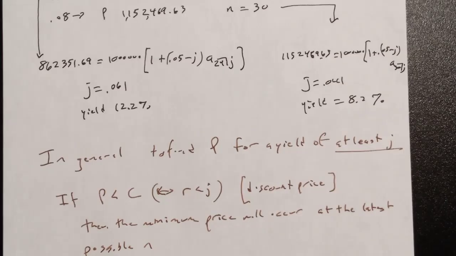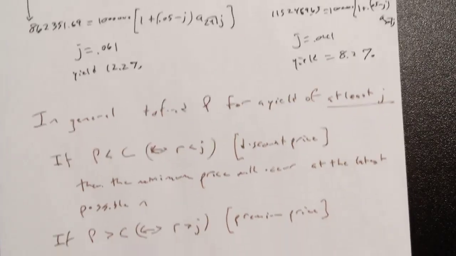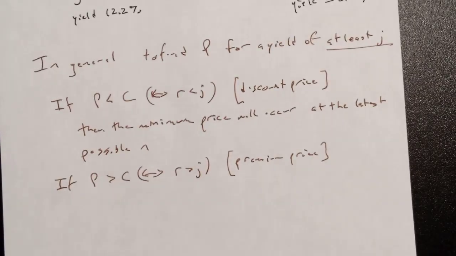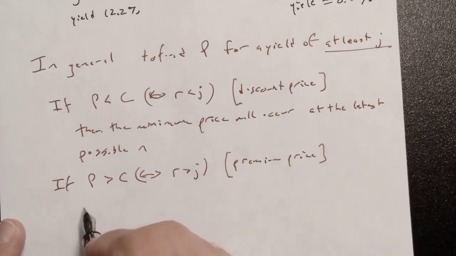If price is bigger than redemption, equivalent to R being bigger than J, a premium price, then the reverse is true. The minimum price occurs at the earliest possible N.